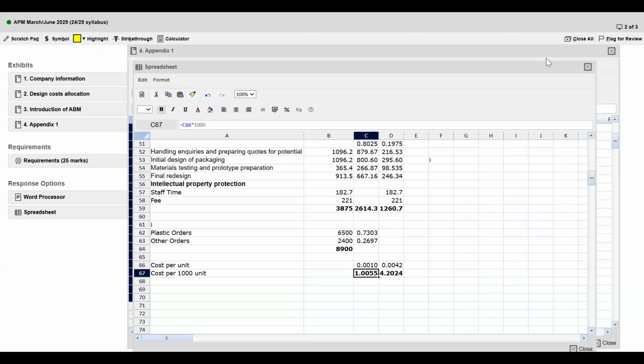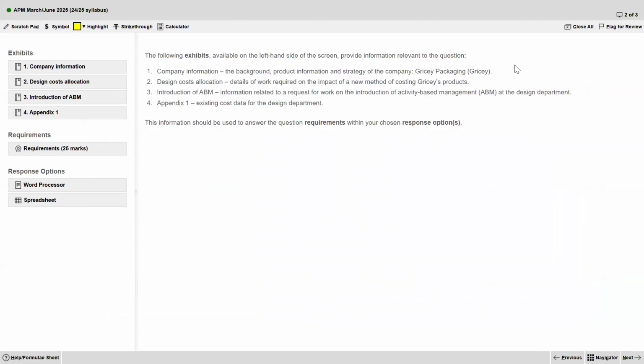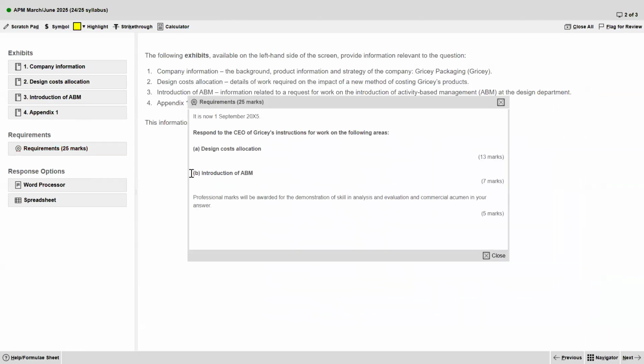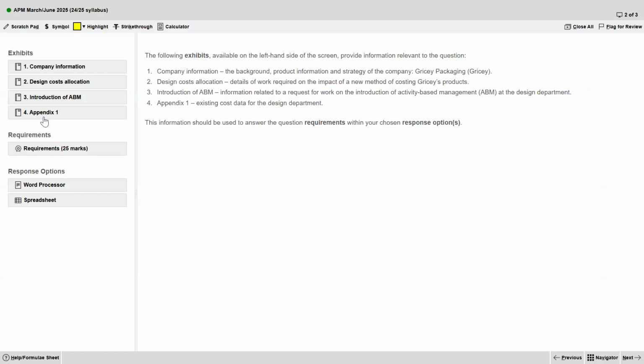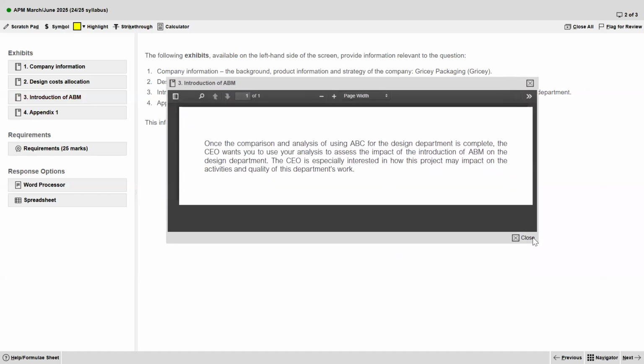Okay, now the last requirement of this question is introduction of ABM. So the introduction of ABM is what we need to talk about.